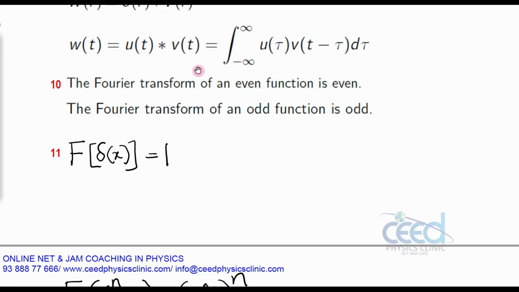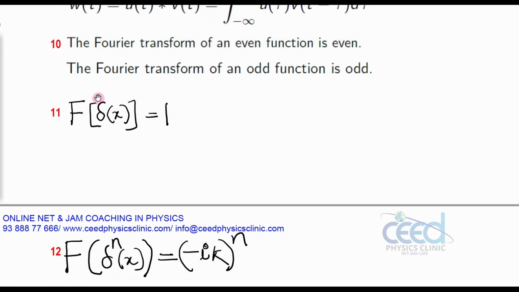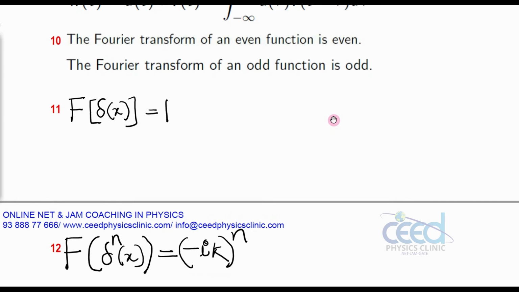The next property is the Fourier transform of the Dirac delta function. That is very important. What is the Dirac delta function? Delta of x. The Fourier transform of the Dirac delta function has the value 1.